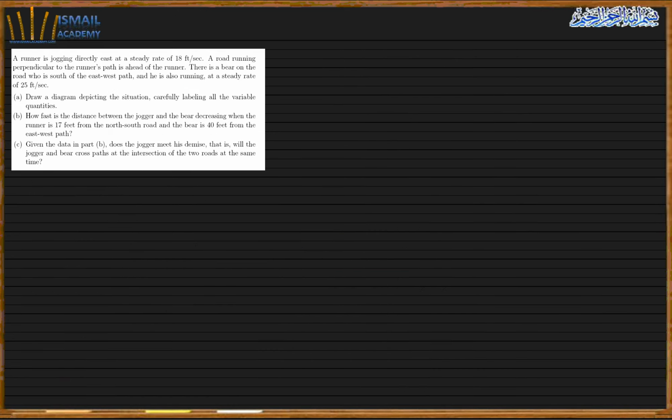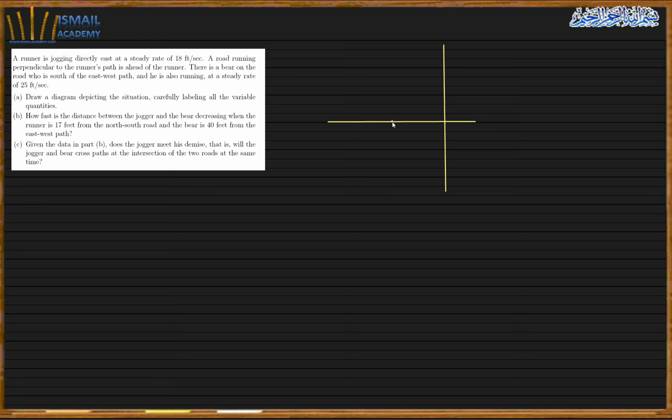Alright, next question. A runner is jogging directly east at a steady rate of 18 feet per second. So it's jogging east, that's me going from west to east. There is a road running perpendicular to the runner's path. There is a bear on the road.